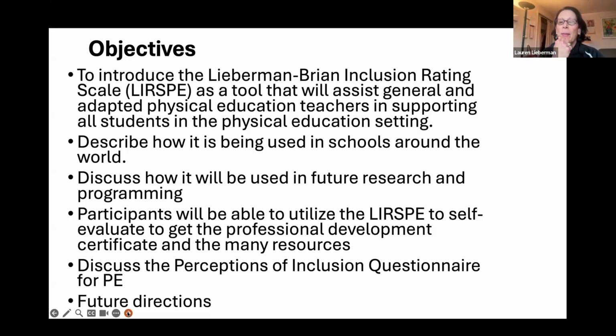So I'm going to just talk a little bit about how it's being used around the world right now. I'm going to discuss how it will be used in future research and programming. And then you're going to be able to see how you can utilize PE Inclusion Solutions to evaluate professional development, to evaluate yourself and get professional development credit and a lot of resources, which we'll show you.